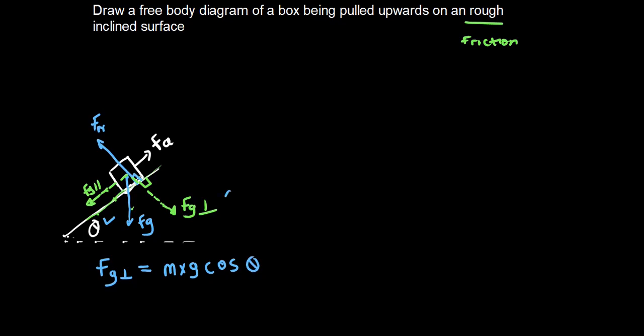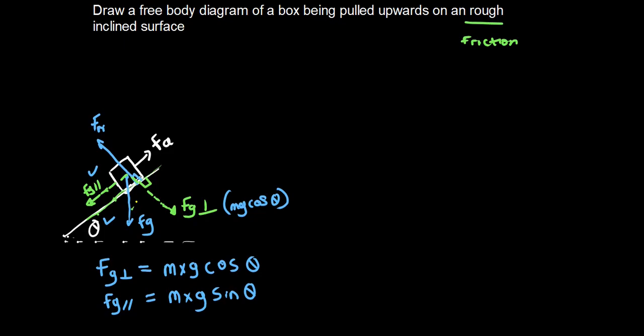That's why you hear people calling this mg cos theta. And this other force, the Fg parallel, the parallel component of the force of gravity, is equal to the mass multiplied by the acceleration due to gravity, sine of theta.